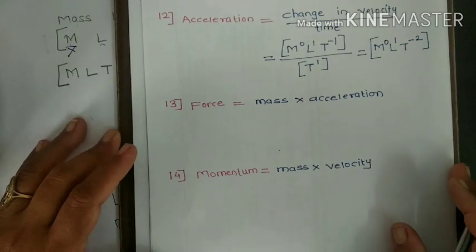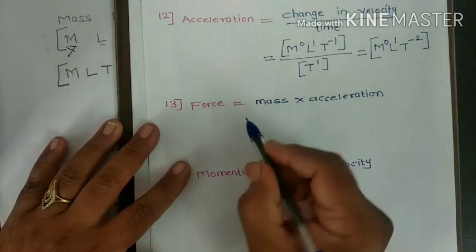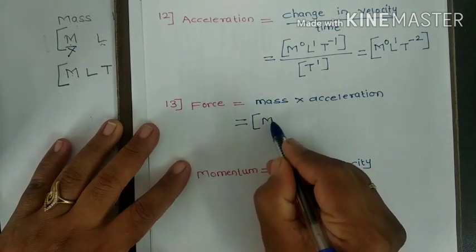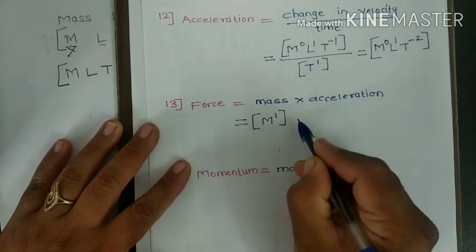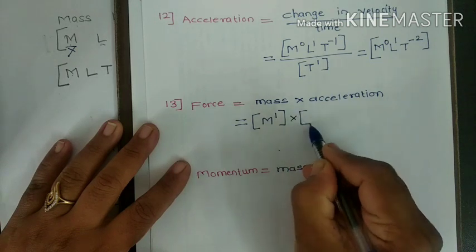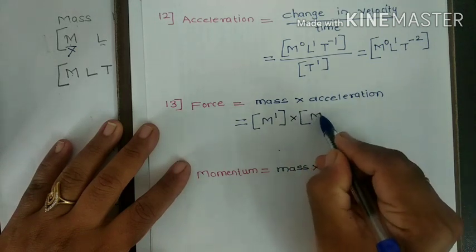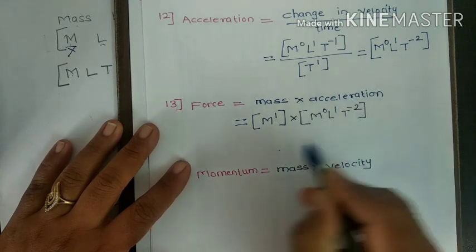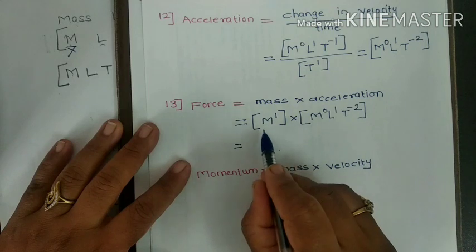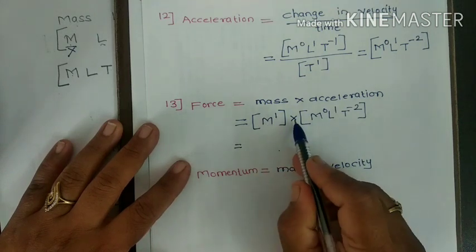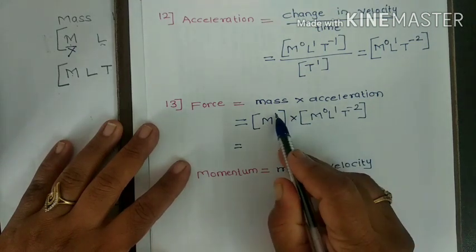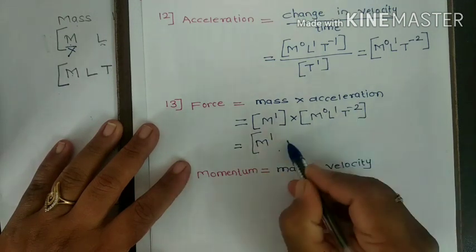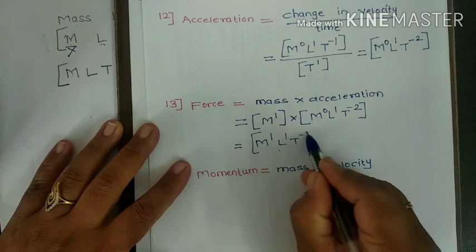Then force. What is the formula for force? That is mass into acceleration. For mass we are taking M^1 and for acceleration we are taking the dimensions M^0 L^1 T^-2. So M^1, and here multiplication, that's why M^(1+0), that is M^1, and the remaining dimensions are the same.